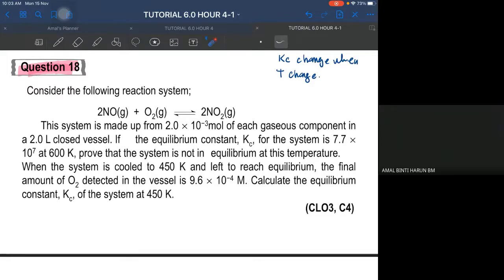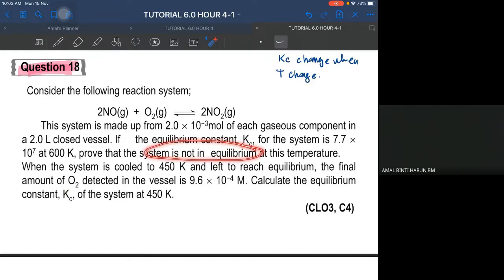Back to the question. Bila disejukkan pada 450 Kelvin, to reach equilibrium, and then the final amount of oxygen detected in the vessel is this concentration. Calculate. So ada dua part soalan. Pertama, dia tentukan sama ada equilibrium ataupun tidak.